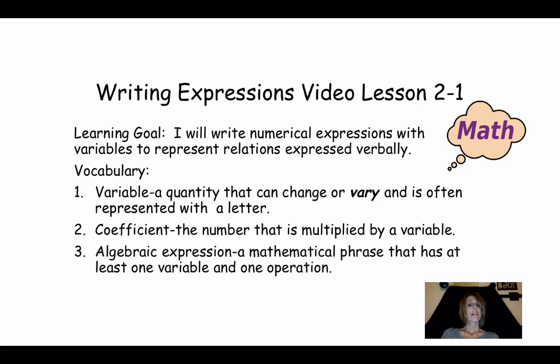So again, it's going to have a number, some type of variable, which is going to be a lowercase letter. You're not going to see these as uppercase. It's going to be a lowercase letter, and one operation or more. So adding, subtracting, multiplying, dividing, or there could possibly be 2. So go ahead and pause and write that down in your journal, and then we will move on.